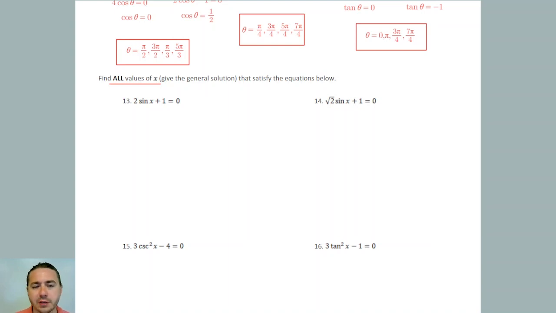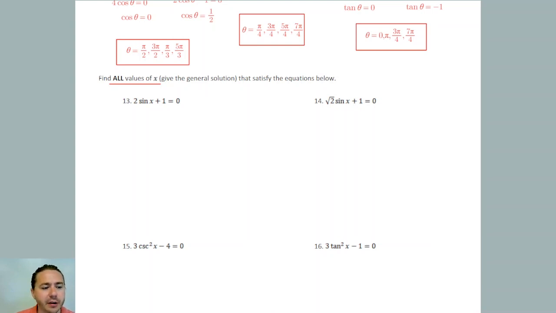We talked about this in the lecture: the way you do that is basically the same thing that we just did, except you're going to use set brackets around your solutions and then write plus 2 pi n, with the implication that n could be any integer. That way, you add 2 pi or subtract 2 pi to find the coterminal angles that represent all the other solutions to the equation.